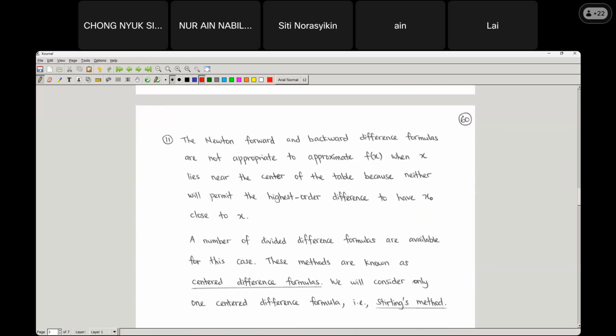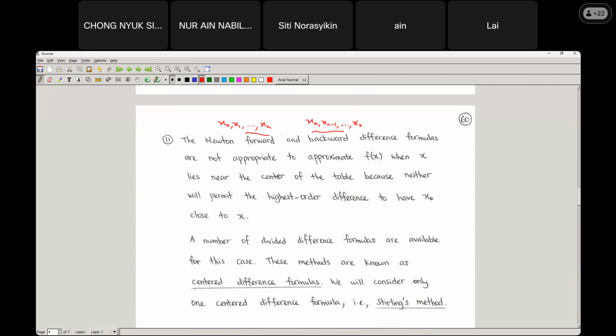Because forward takes the top and backward takes the end. Do you remember, forward, you consider x0, x1, up to xn. If backward, you start from xn, then xn-1, until the last one is x0. So what about the center? If your x is right in between, in the middle, then how?